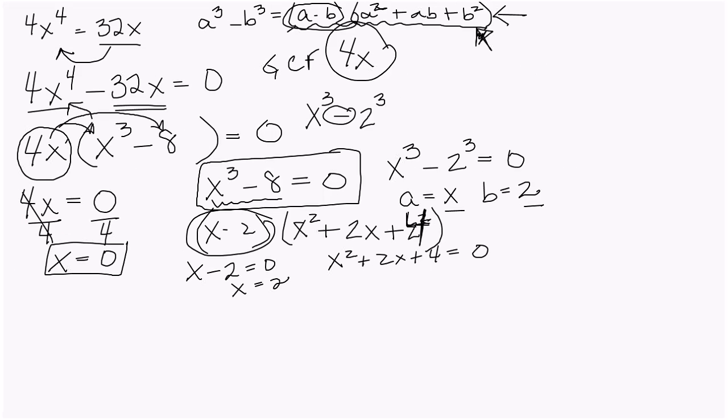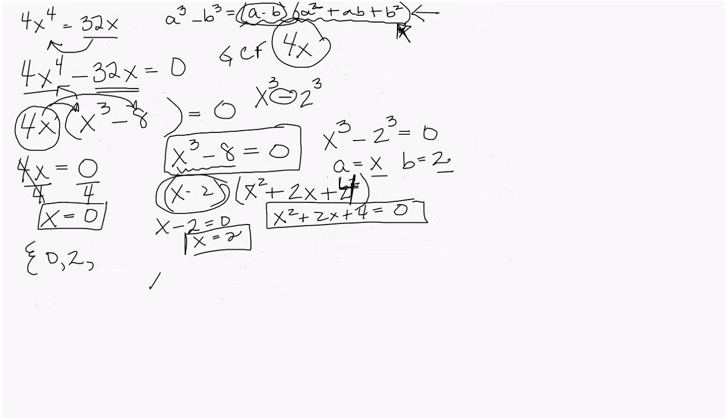And this is where it gets a little bit tricky. So far, I have part of my solution set. I know that x is going to be equal to 0 as one of my x-intercepts. It's going to also be 2, but this you can't factor out easily. So you have to use the quadratic formula for this one.